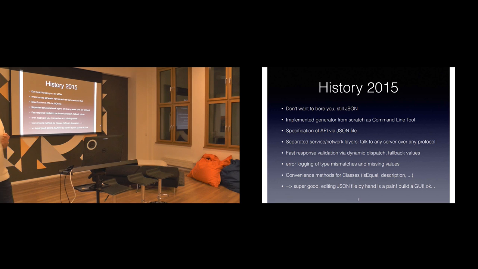And I wrote here, adding this by hand was a pain. I talked to a colleague this morning and I told him, and he said, yes, I know, I've done it. So people were crying for some user interface.